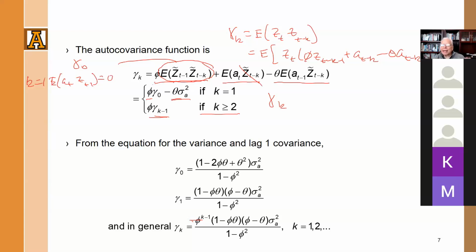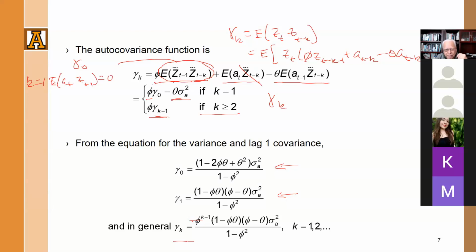So the covariance will behave according to the autoregressive difference equation for lags greater than or equal to 2. So these are the expressions for gamma 0, the variance, gamma 1, the covariance at lag 1, and gamma sub k, which is equal to this thing here.